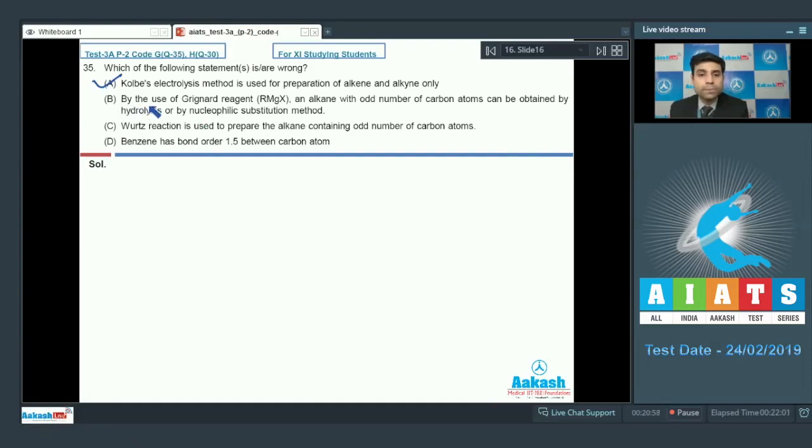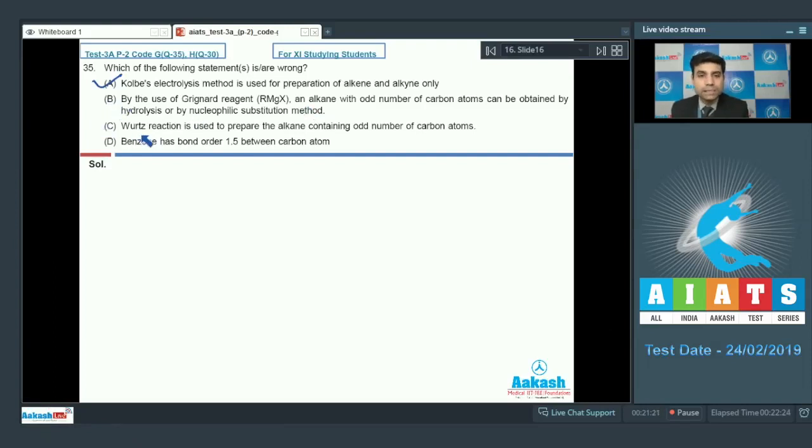If I talk about B statement, it says by the use of Grignard reagent, which is RMgX, an alkane with odd number of carbon atom can be obtained by hydrolysis or by nucleophilic substitution method. Students, if I talk about RMgX, alkyl magnesium halide, we can form an alkane with even number as well as odd number carbon. So this B statement is right.